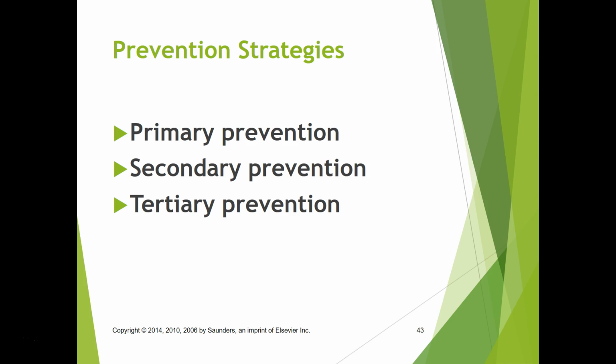So these are things that we do to keep people well. Much of primary prevention is teaching. From a mental health perspective, we can teach people how to cope effectively, how to communicate, and not to abuse drugs and alcohol, so hopefully they won't ever get to the point where they do become ill.